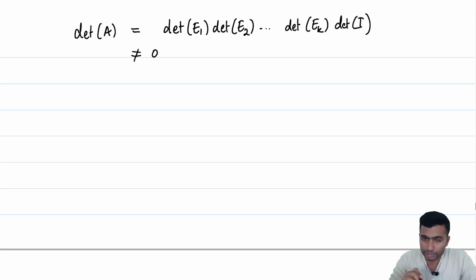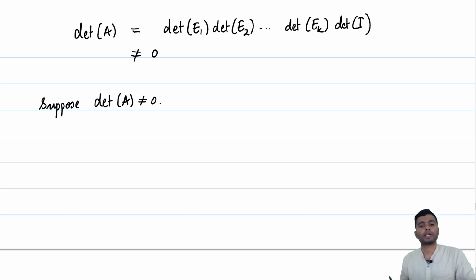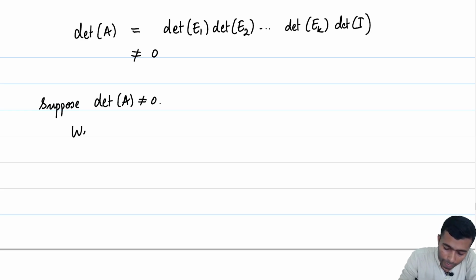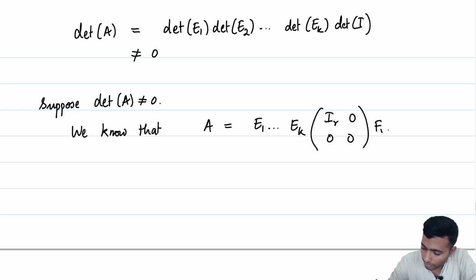Suppose determinant of A is not equal to 0, and we would like to now argue that A is an invertible matrix. But we know, from the previous video or two videos back, that A is equal to E1 dot dot dot Ek times I_r, then zeros in block matrices, and then F1 to FL.